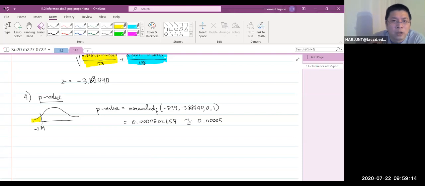Even if risk guard does not reduce risk injury, the probability to come up with this sample, which is the empirical, is less than 0.005%. So from here we come up with, they don't tell us the alpha, huh? So we assume 5%. Even if you use 1%, you still reject the null hypothesis. So in this case, they don't need to tell us what's the alpha. Okay, so informal conclusion.